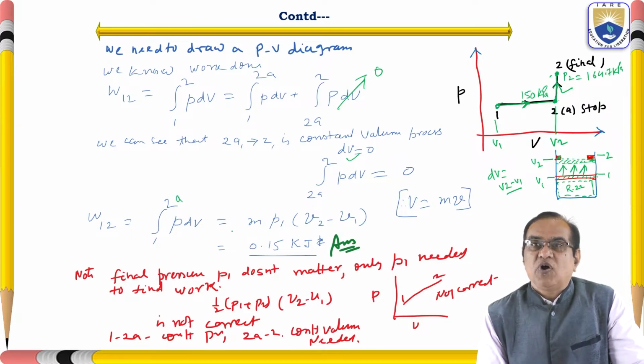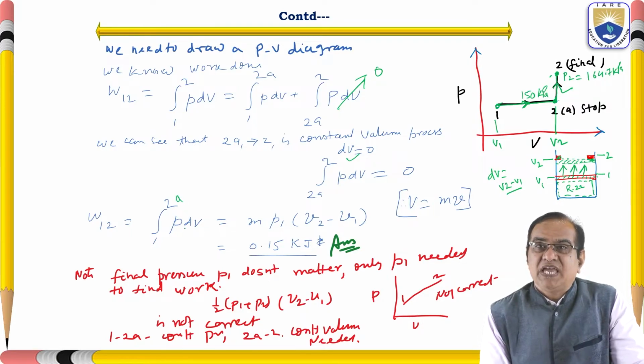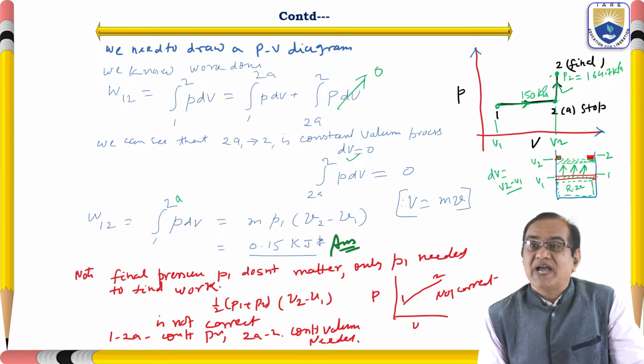For P, dV is the total volume, divided by m, so we can write it as m P1 (v2 minus v1). This v2 minus v1 are specific volumes. Small letters are specific volume. The specific volume is volume per unit mass.